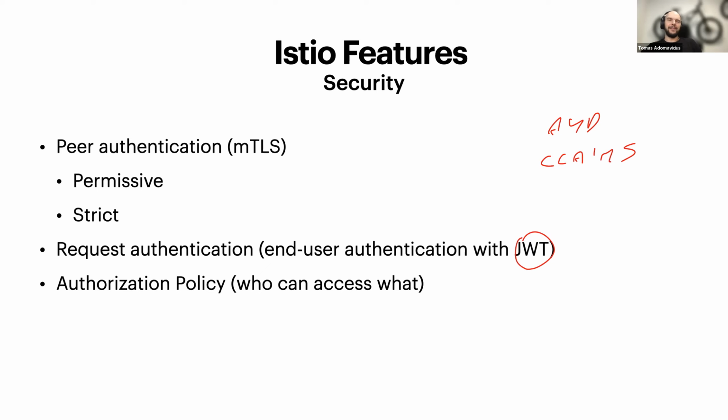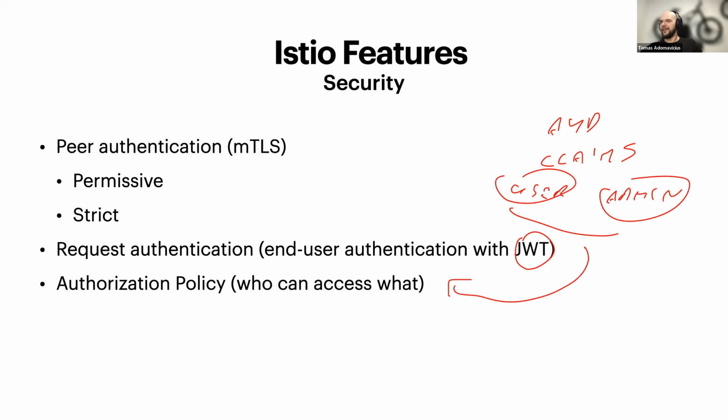So you can define with the custom resource who can access what. For example, we have a claim that says I'm an admin, or a simple user, right? With this information, you can configure in advance what could be accessed by admin and what could be accessed by user.